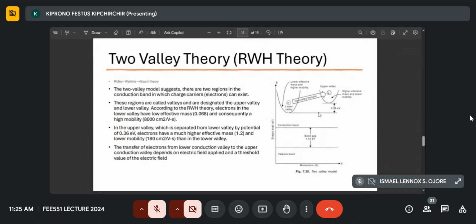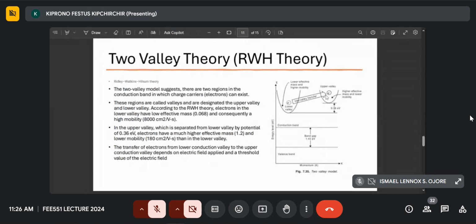As the electrons move between the lower and the upper valley, this creates a localized region of high electric field called a domain. If you were to time this period where you're applying the electric field, you realize that it increases from, let's say, 1 second, 2 seconds, 3 seconds. At, let's say, 1 second, some electrons have gathered enough energy and are moving towards the upper valley.